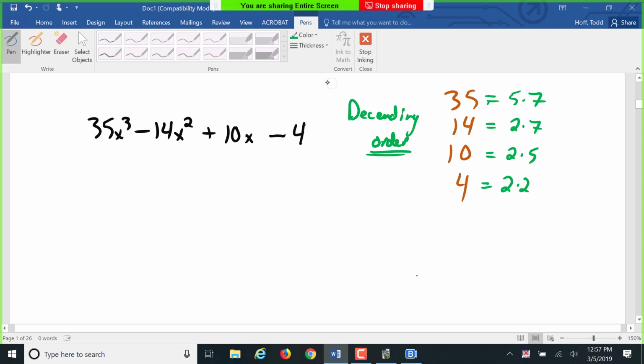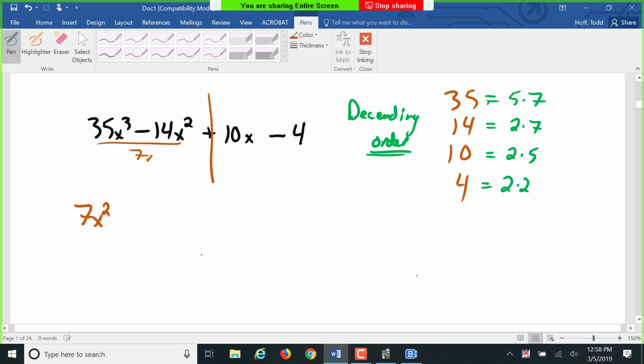And we try to find combinations of 2 terms that have common factors to see what happens when we do that. If we look at these first 2 terms here, 35x to the 3rd and negative 14x squared, we see that both of those, if I just split it right here, can be divided by 7x squared, correct?